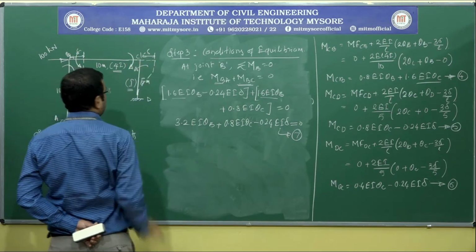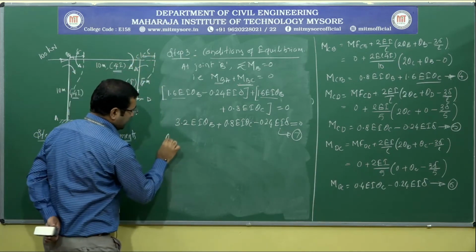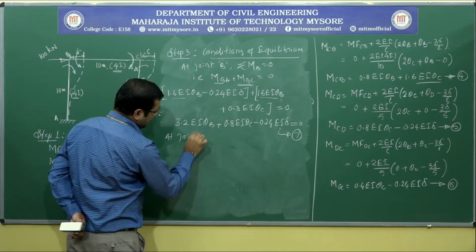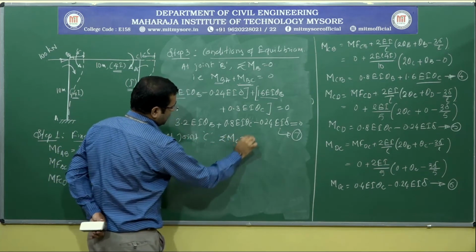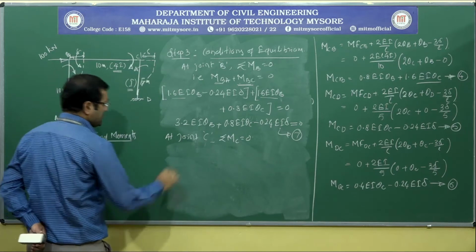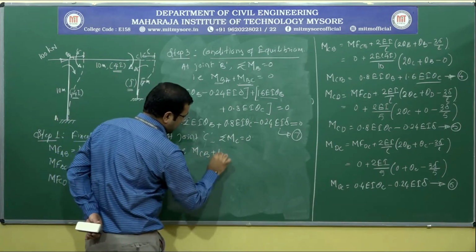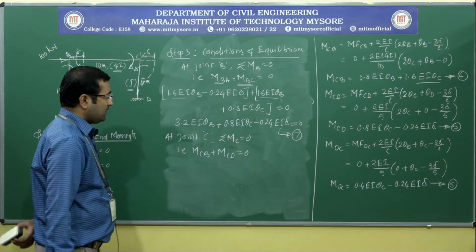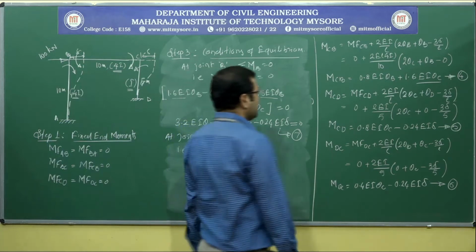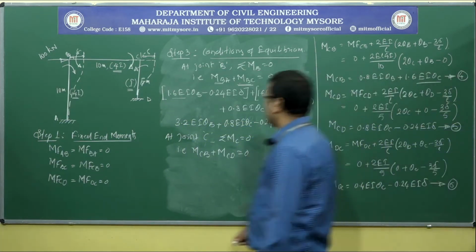So we have to take the algebraic sum of moment at joint C. That is, at a joint C, algebraic sum of moments must be equals to 0. That is, MCB plus MCD equals to 0. The value of MCB and MCD, we will get it from equation number 4 and equation number 5.